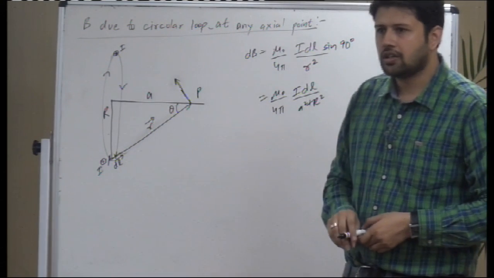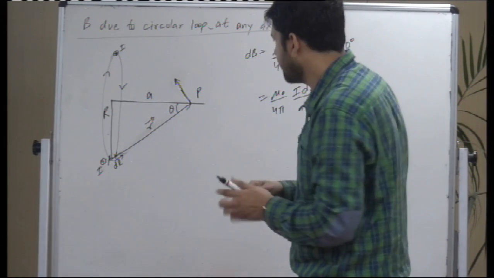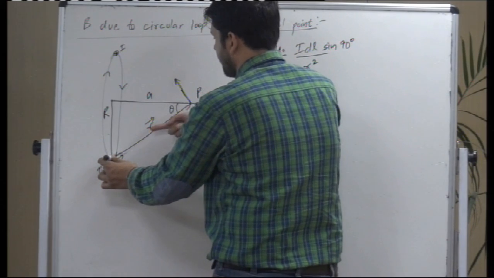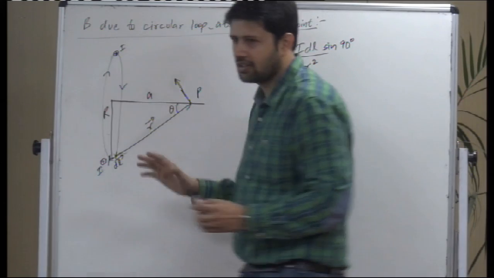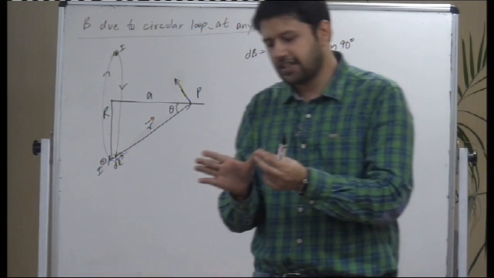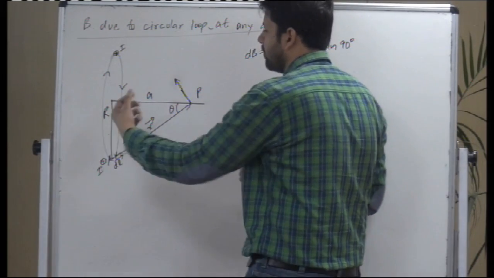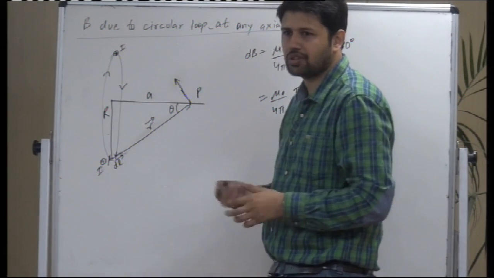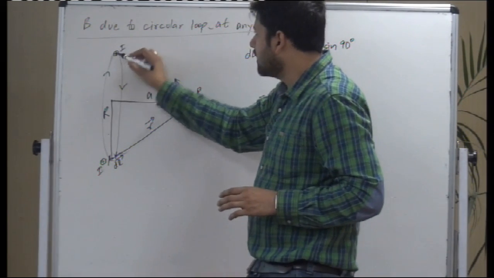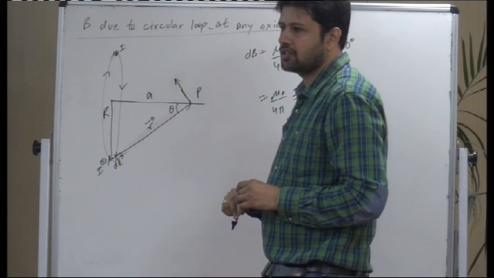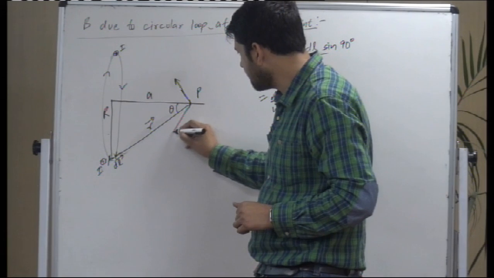You can use the right hand thumb rule in the other manner as well: dl is in the outward direction, r is like this, so dl cross r would be again in this direction. Now this element has current going inward, so for it the field would be exactly opposite, like this.